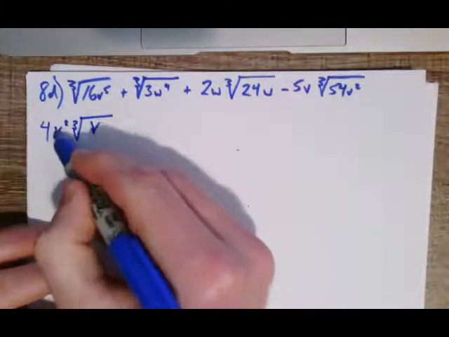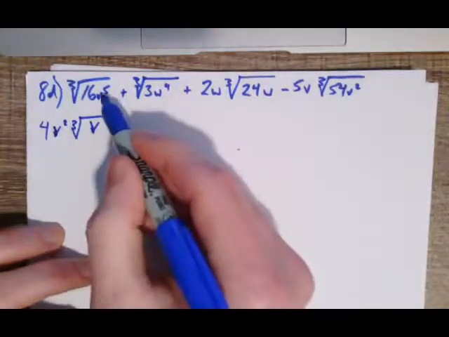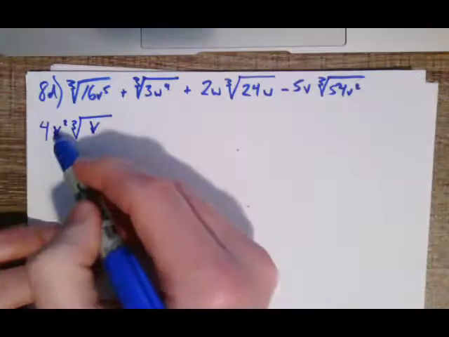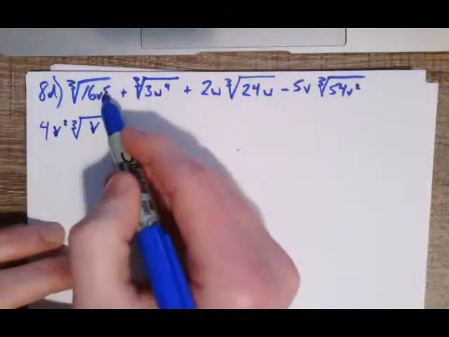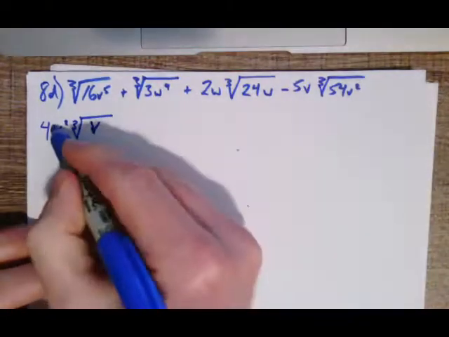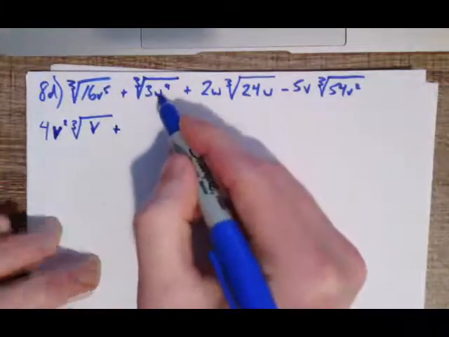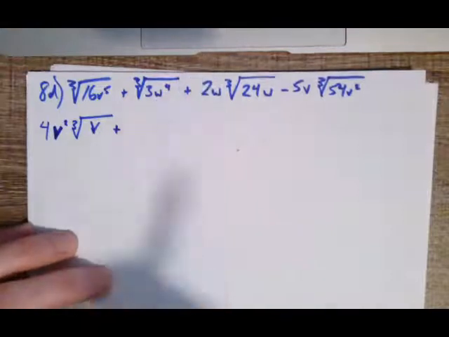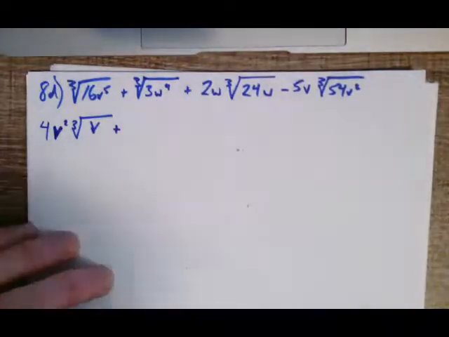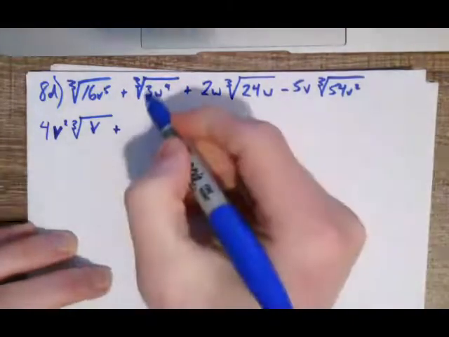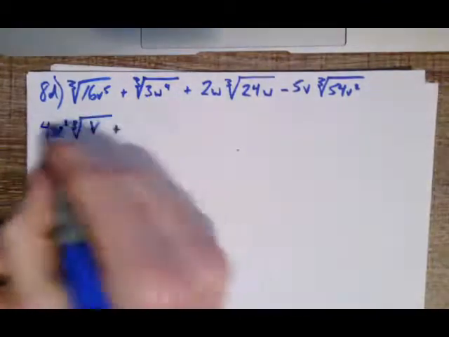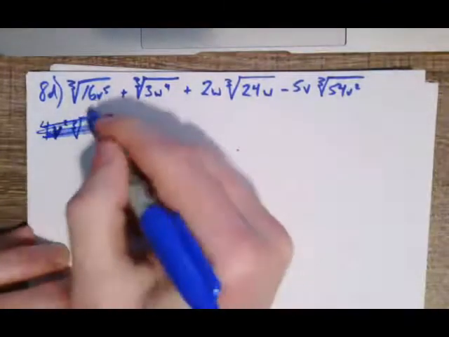Does that make sense? The root of v to the 4 would be v squared, but there's an extra one that's hanging around, so that stays in there. And this right here is an ugly v. Plus 3w to the 4, my marker, I'm having trouble reading that. Yeah, it's 3w to the 4. Oh, this is cube roots.